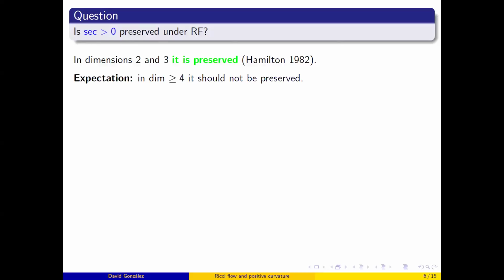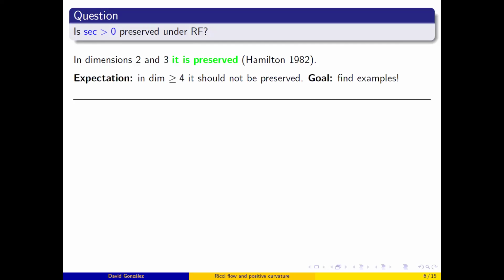And from dimension 4 on, the expectation is that it shouldn't be preserved. So this is the expectation, the conjecture, but one needs to give examples, and that's the goal of our work, to give examples where positive sectional curvature is not preserved.